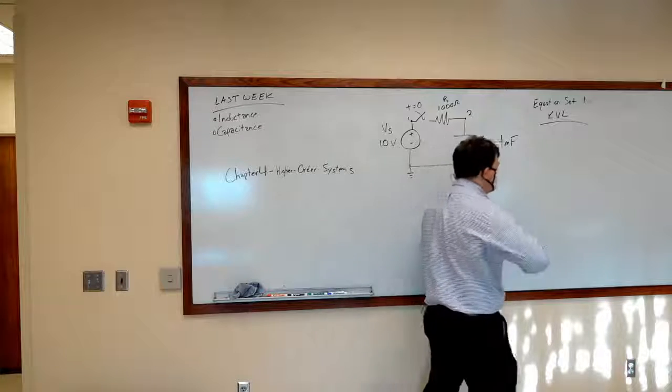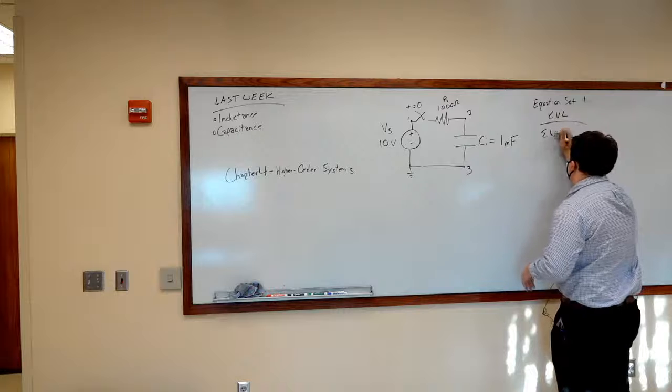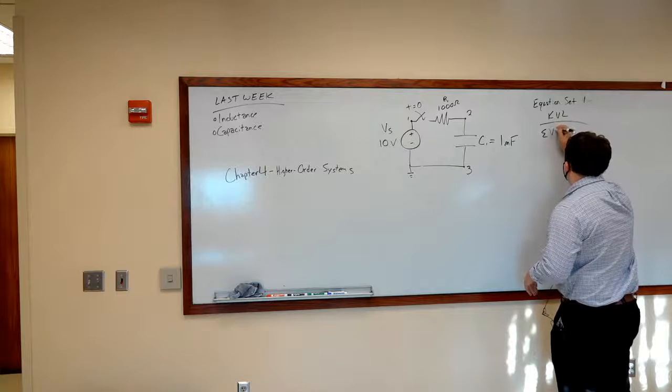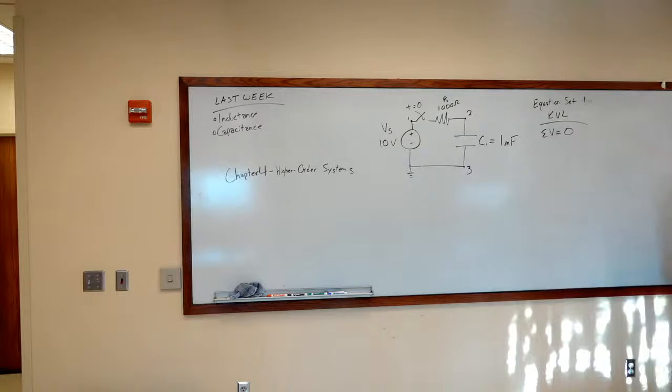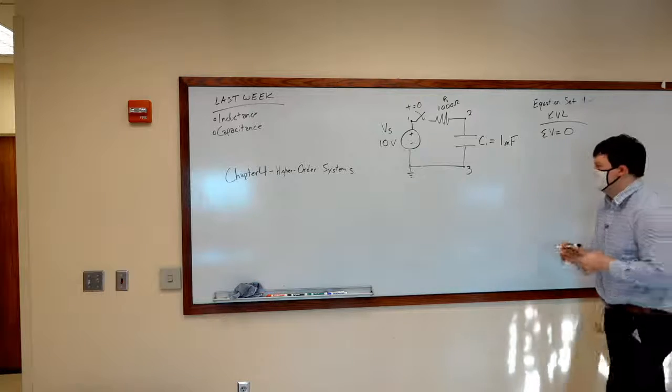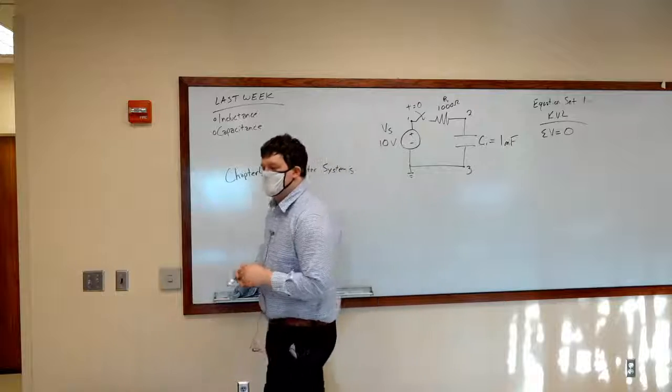Yep. Inside of a loop, the sum of the voltages is equal to 0, or voltages that come in is equal to voltages that come out. The amount of energy that's put into the system is equal to the amount of energy that comes out of the system.